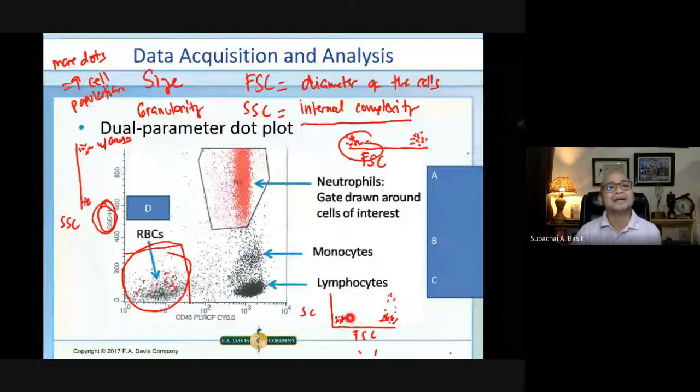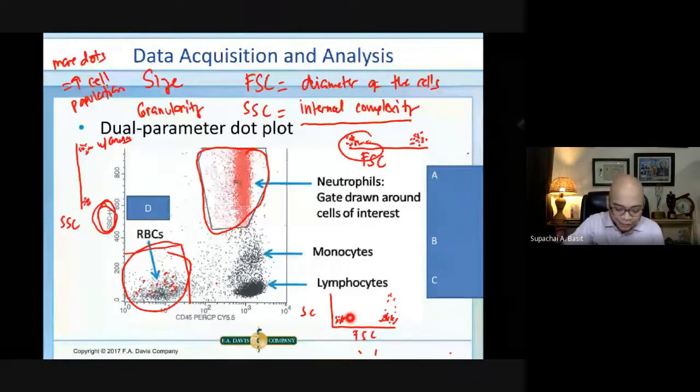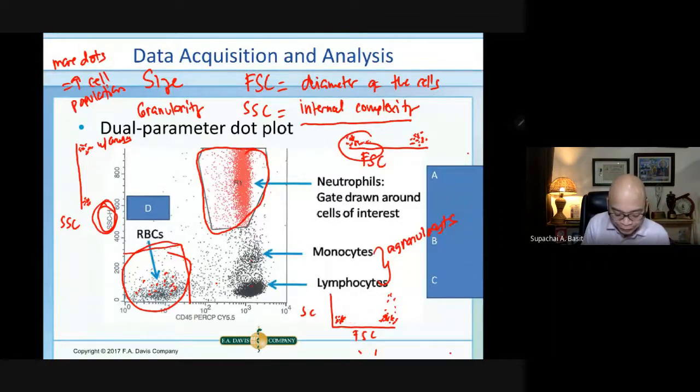Okay, now take a look at neutrophils. This is the neutrophil. Okay, neutrophil has granules. So that's the reason why at the SSC, it is at the upper portion. Diba? This is neutrophil, it is at the upper portion because they have granules. But take a look at monocytes and lymphocytes. Both monocytes and lymphocytes are considered to be as agranulocytes. They do not have granules. So at the SSC part, they are even actually at the lower portion.